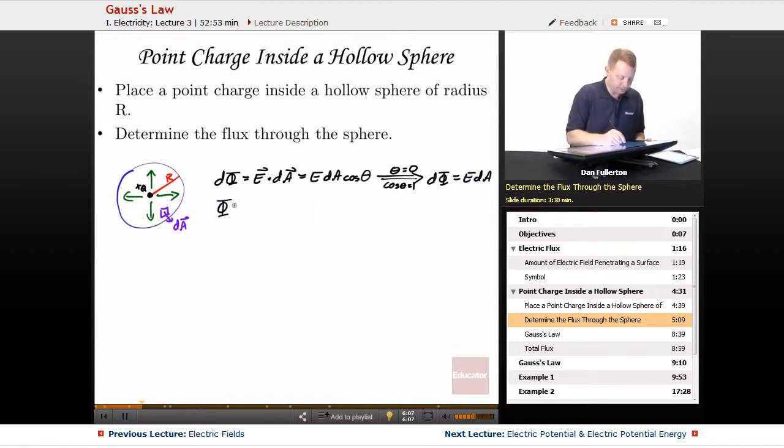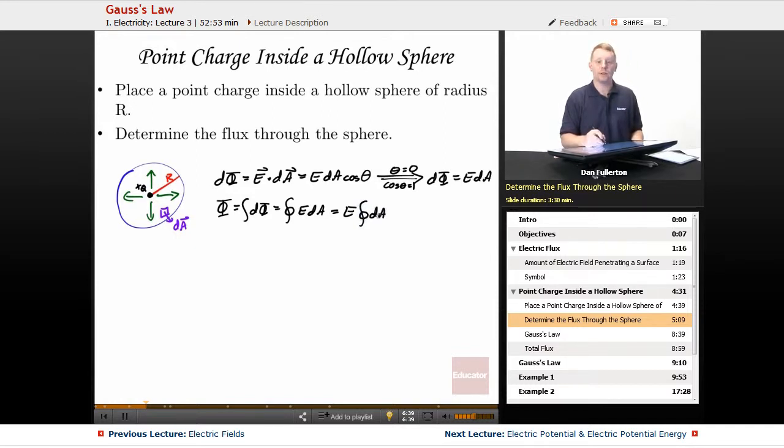And our total flux, then, is going to be the integral of all those little bits of flux, or the integral over this closed surface around the entire sphere of E dA. But since it's a point charge inside the center of a sphere, the electric field is going to be the same everywhere as you go around that entire area. So for the purposes of this problem, E is a constant. So the E comes out of the integral sign, E integral over the closed surface of dA.